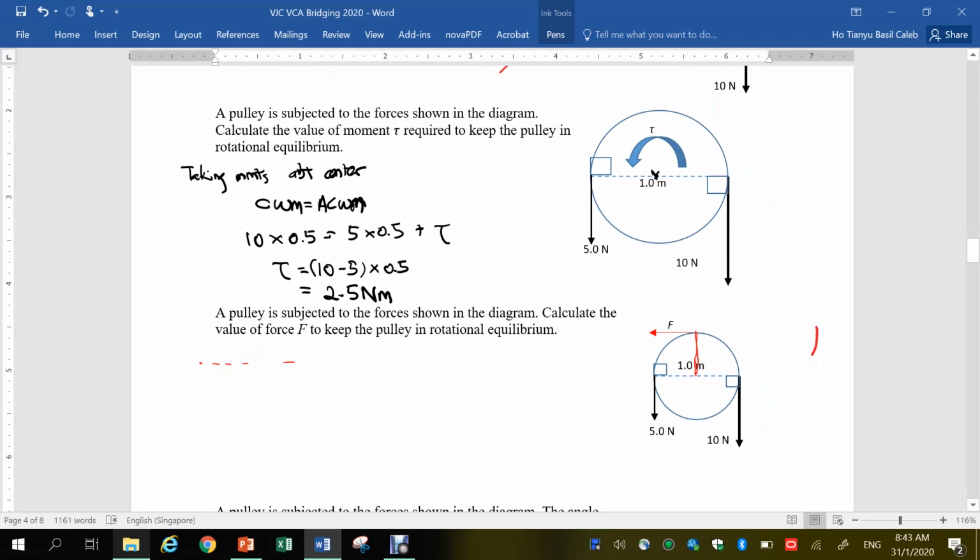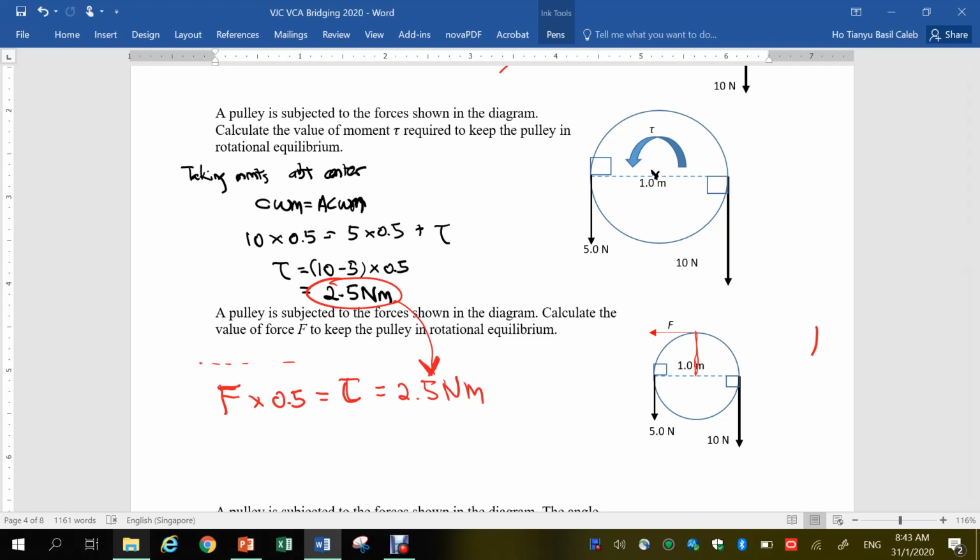Which means that the force you are applying multiplied by the radius must give you the turning effect, or the moment, calculated in the previous question, which is 2.5 Newton meter, because this value here must be this value because it's the same situation.